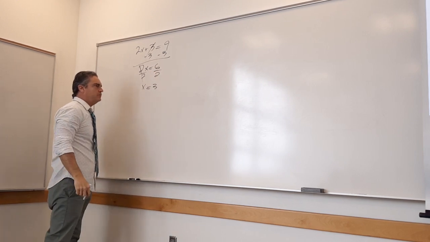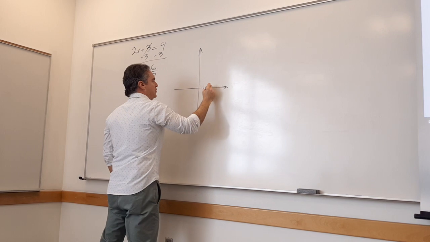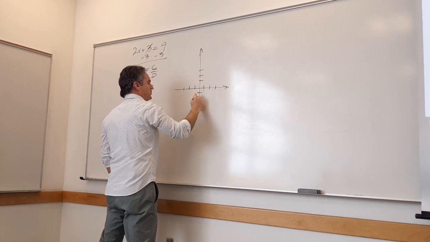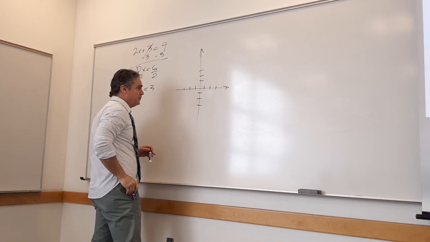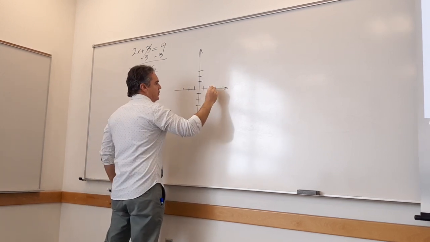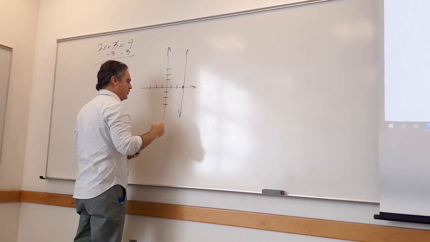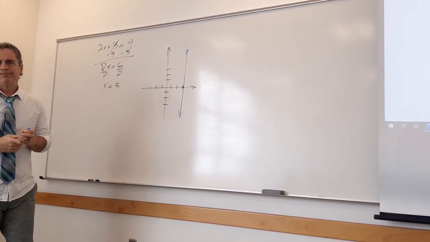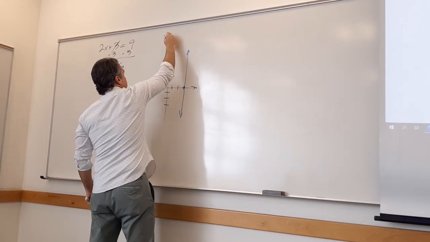I graph this. 1, 2, 3. If x equals 3, well, there's 3, and I'm going to go straight up. It's a vertical line. There's my graph. Done.